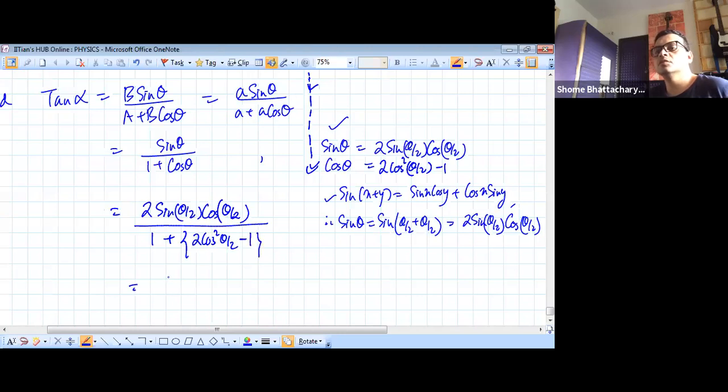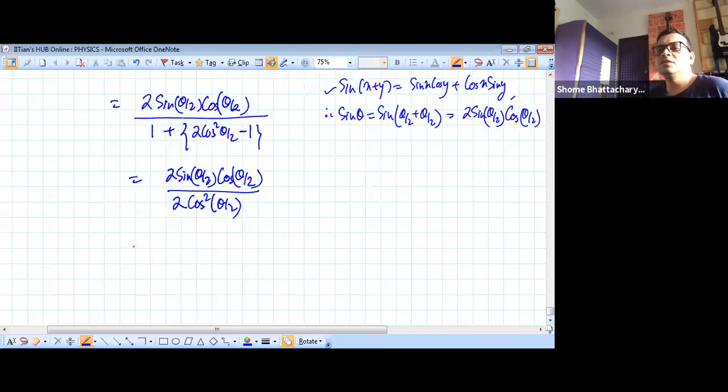So it becomes... so this is a very painful algebraic way of doing it. Totally unnecessary because you can think of it like an exercise in trigonometry.